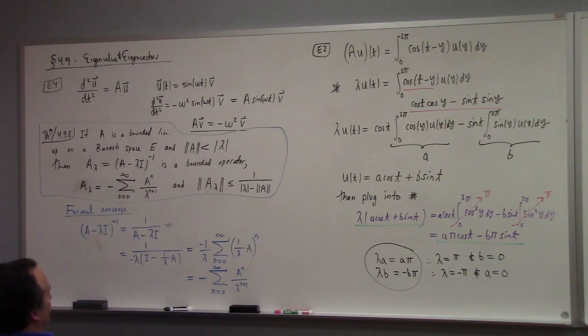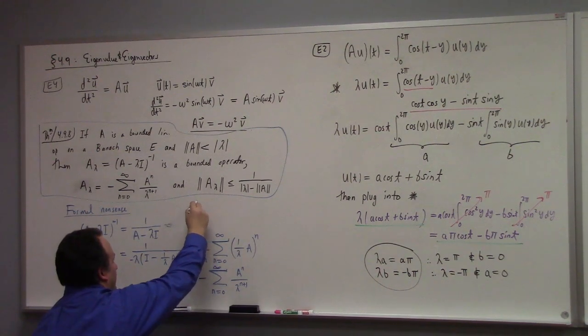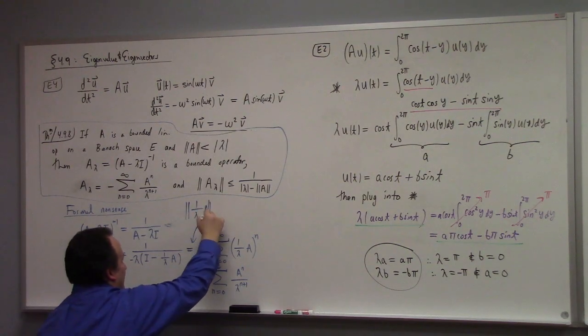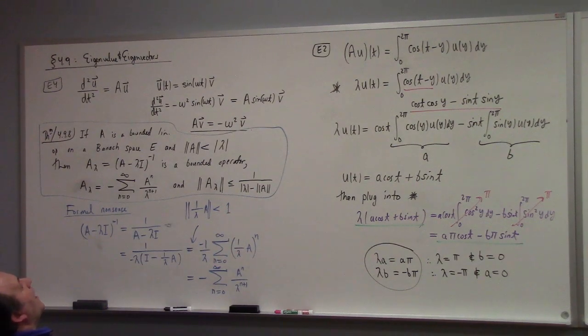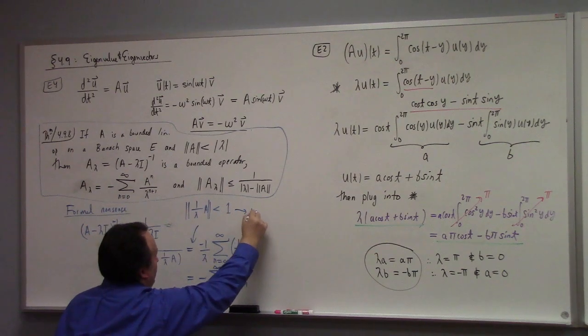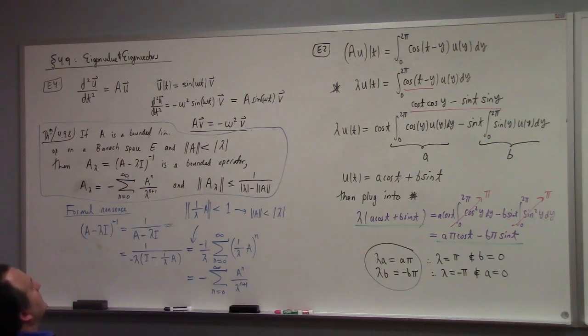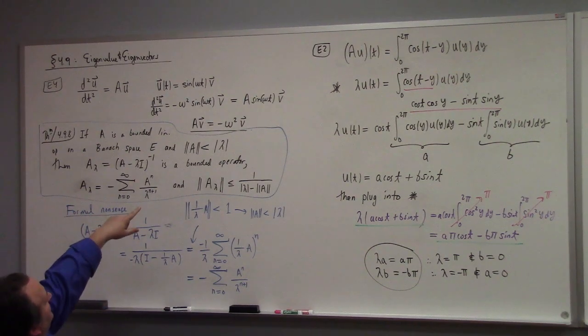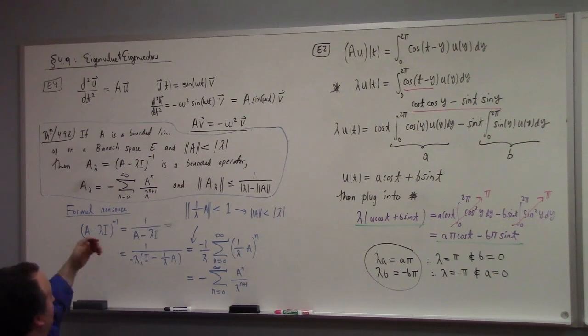And when is this going to be true? This step is legit for the norm of 1 over lambda A to be less than 1, which is also known as the norm of A less than the modulus of lambda. So that's the precondition, the one that's necessary for this formal nonsense to be reasonable.